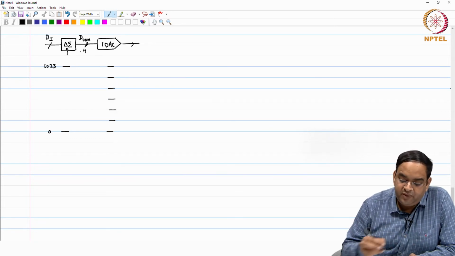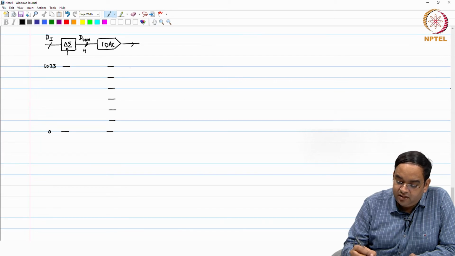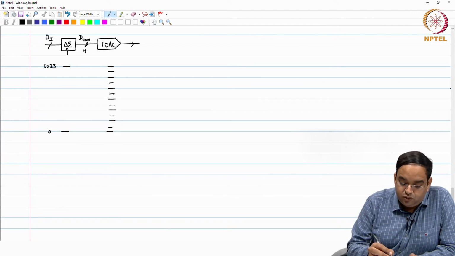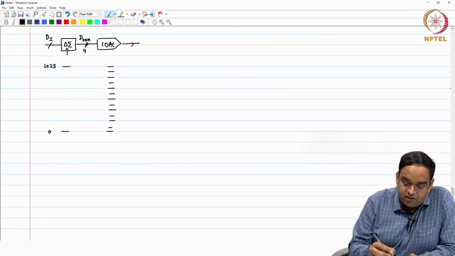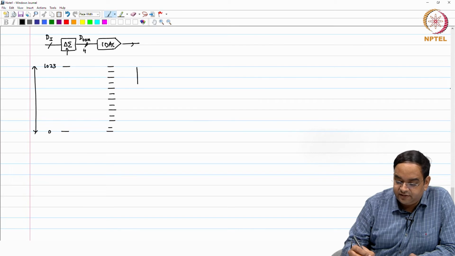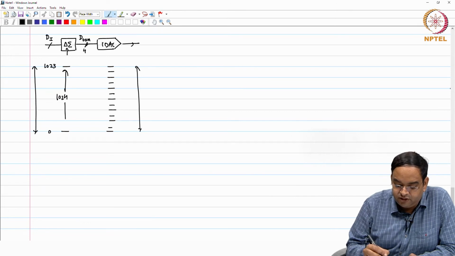If I am saying 4-bit, we need to have only 15 intervals. The range is maintained in both cases, but here you have 1024 levels, and here you have only 16 levels for a 4-bit.